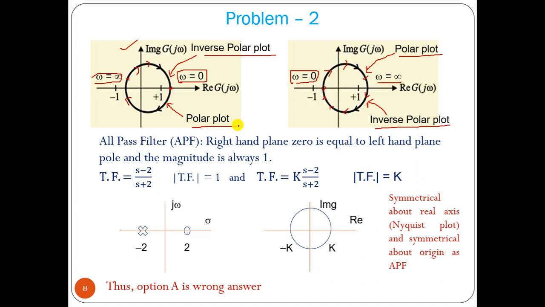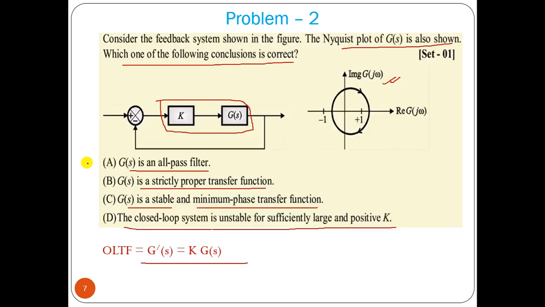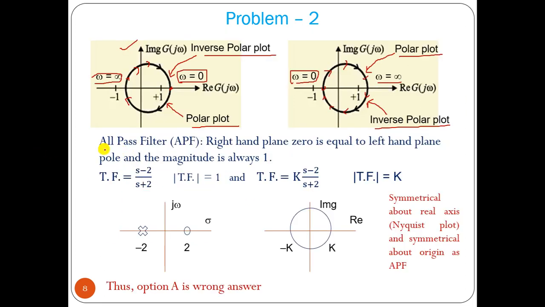Now let us check each condition, whether this system can be an all pass filter or not. What is the meaning of all pass filter? That means the magnitude should be 1 for all frequencies, omega equal to 0 to infinity. So in that case, the right half plane zero should mirror the left half plane pole, and the magnitude is always 1.